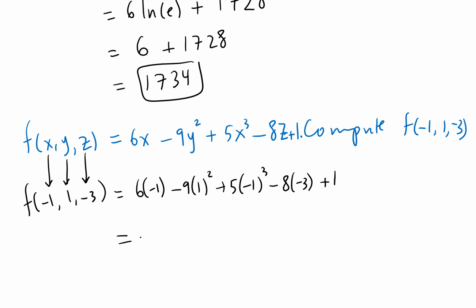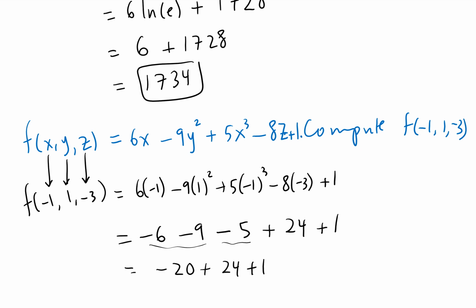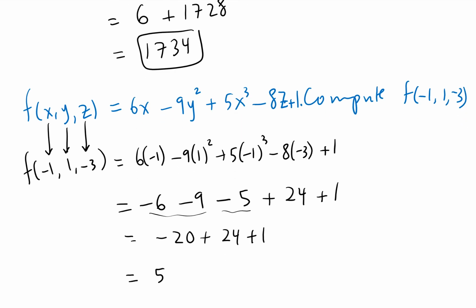Then -6 minus 9 minus 5 plus 24 plus 1. This is -15 minus 5, -20, plus 24 plus 1. That's a 4 plus 1, and that gives us 5. That's how we evaluate functions with more than one variable.